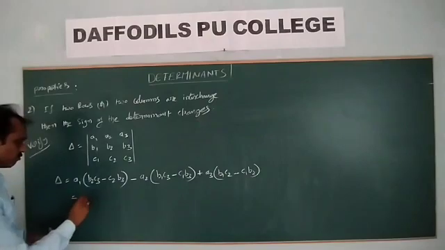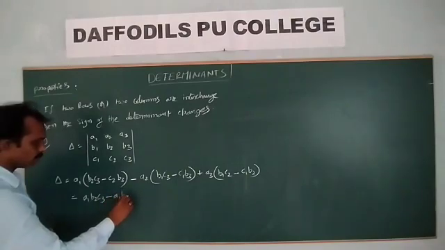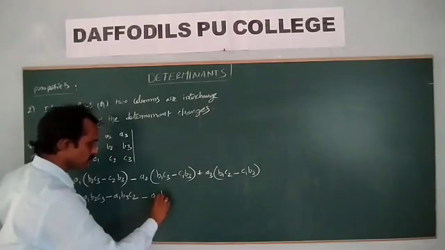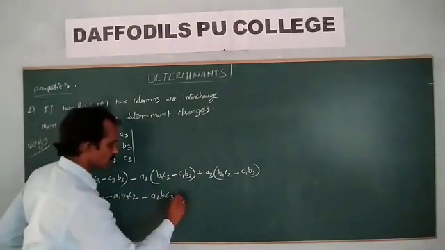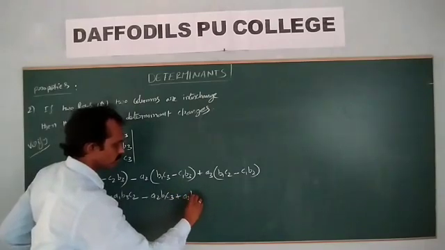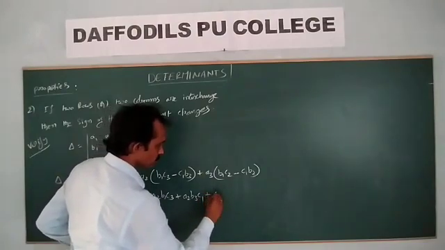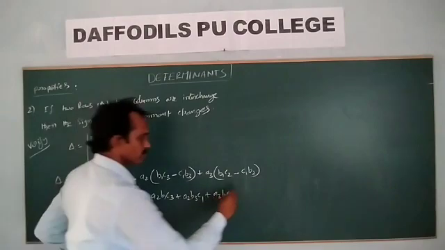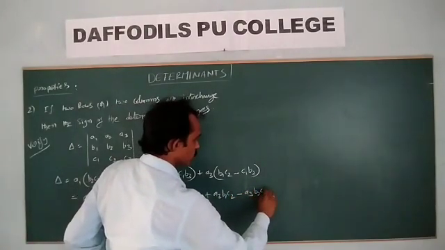This is equal to A1 B2 C3 minus A1 B3 C2 minus A2 B1 C3, minus into minus plus A2 B3 C1 plus A3 B1 C2 minus A3 B2 C1.